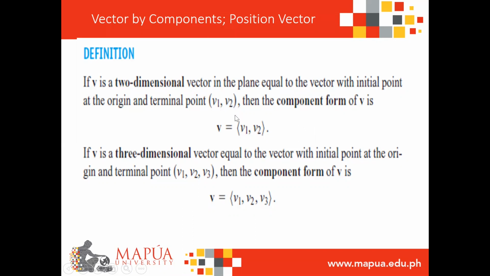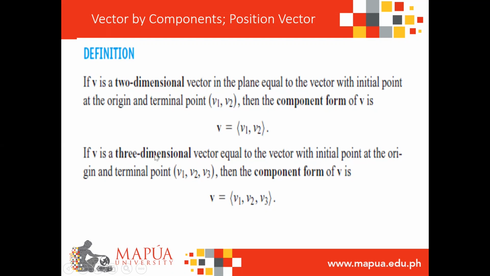Take note of the notation that we use here between a point and a component form of your vector V. A point is enclosed by parentheses, and the component form of a vector is enclosed by angle brackets.